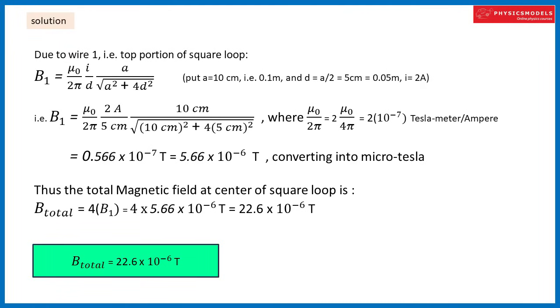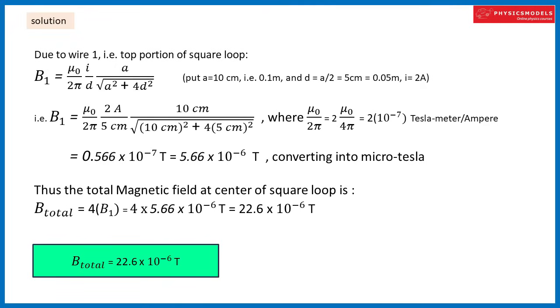We now plug in the values. We first find the magnetic field B1 due to the top wire. And as you can see, you have to take mu 0 by 2 pi, which is actually 2 into mu 0 by 4 pi, and mu 0 by 4 pi is the constant, which is 10 to the power minus 7 Tesla meter per ampere. So mu 0 by 2 pi will be 2 into mu 0 by 4 pi, right? We have to be careful about that.